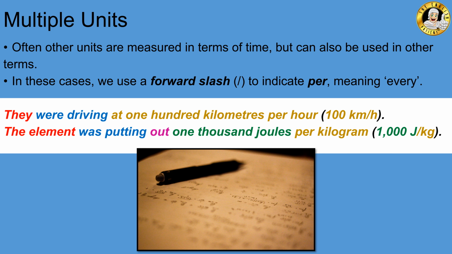So as examples, they were driving at 100 kilometers per hour, and you can see it would be 100 space small case km slash h to represent that if you're using symbols. The element was putting out 1,000 joules per kilogram. So here we have 1,000 space, joules is a capital J, and then slash kg.